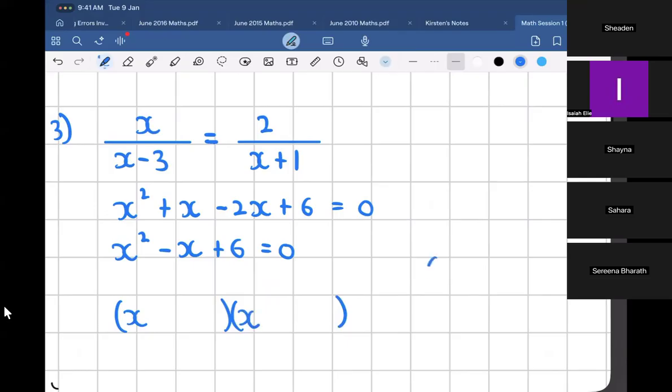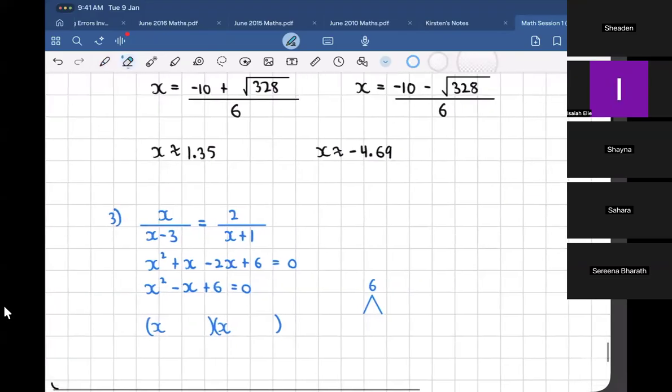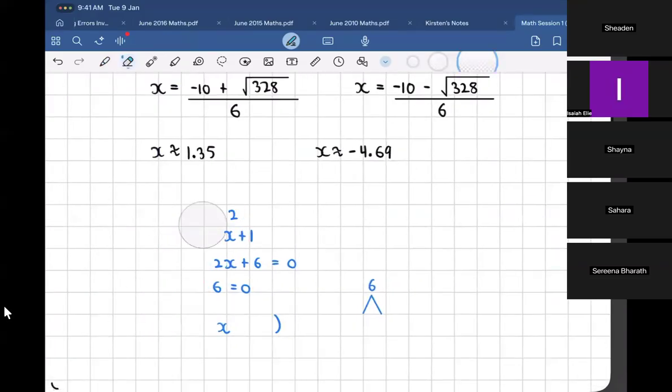And what are some ways you can multiply to get 6 but add to get negative 1? Would that be factorizable? No? Did I do something wrong? That'll be x squared plus x, then minus 2x. No, I didn't do that wrong. You'll get imaginary solutions. It's an invalid question.